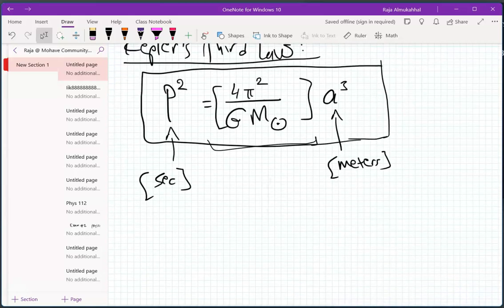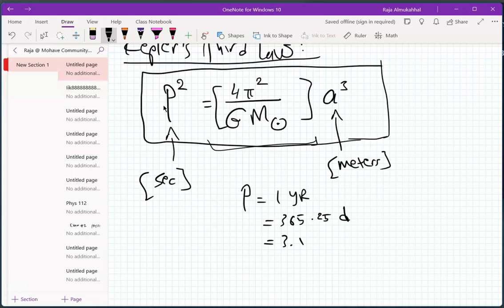So I want to give you a very quick example and show you how cool this equation is. Let's apply it to the Earth. As you know, what is the period of the Earth around the sun? 1 year, or we can say 365.25 days, or we can say 3.14 roughly, it's actually closer to 3.15, times 10 to the 7 seconds, and maybe 12 months if you want.